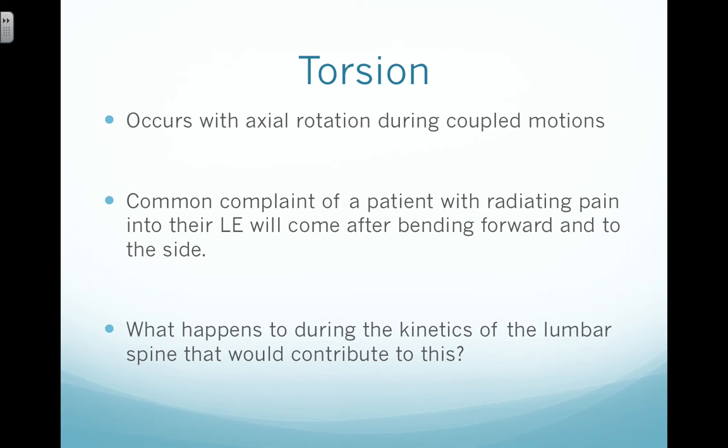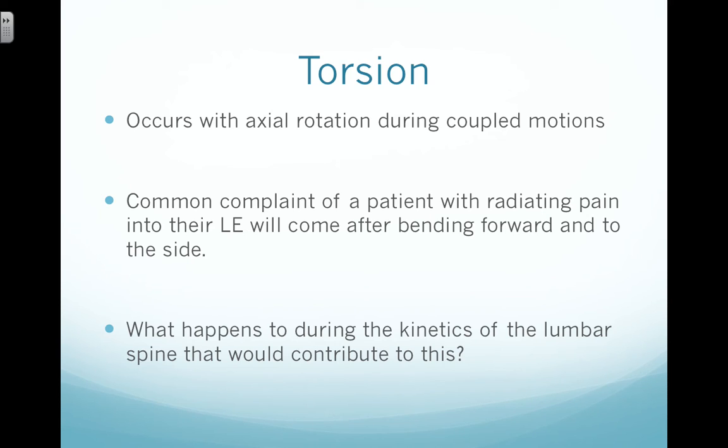So you guys, when you get into practice, or if you're already in some kind of practice, or you're starting to really look at the people around you, you'll often hear a complaint of lower extremity radiating pain, and their mechanism of injury is that they bent forward and to the side, and they've either felt a pop, or they felt sharp pain, or they have now radiating pain down into their leg.